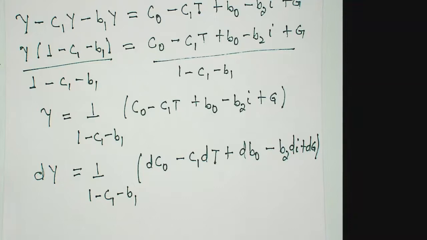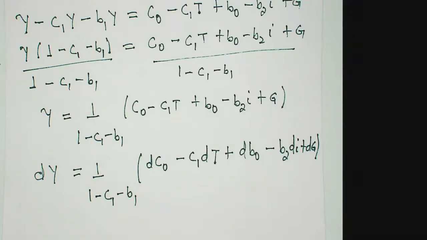So to calculate a slope of a line, we usually do the change of our y-axis variable with respect to our x-axis variable. That is to say, for our IS curve, we are calculating the change of i, di, with respect to dy.